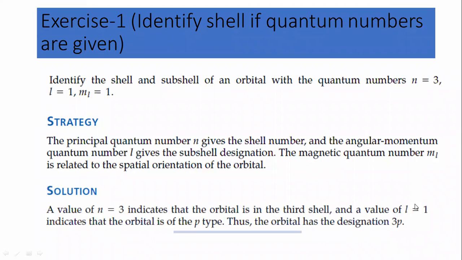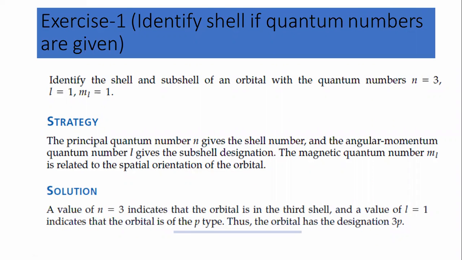So 3 is giving you the principal quantum number, and then it is the subshell, and the subshell is the p subshell. And why I have written p, because L is equal to 1, and when the L value is 1, then it is called the p subshell.